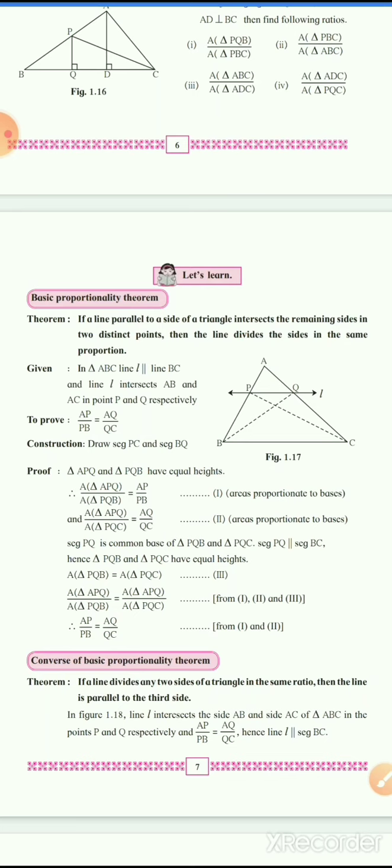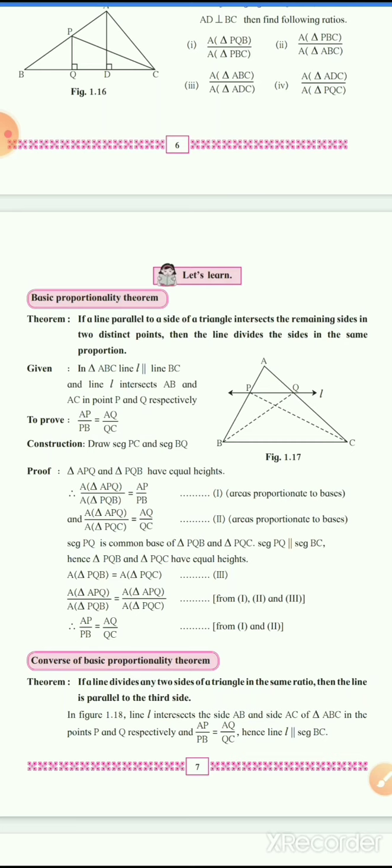So the ratio of the areas of these two triangles with equal heights is equal to the ratio of their corresponding bases. So here also area of triangle APQ upon area of triangle PQC is equal to their bases, means AQ upon QC.